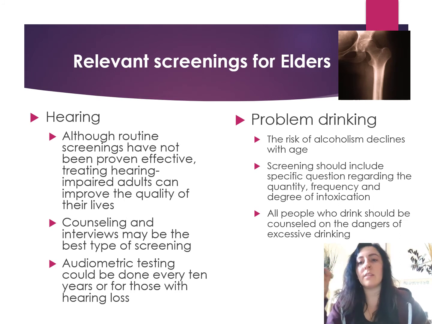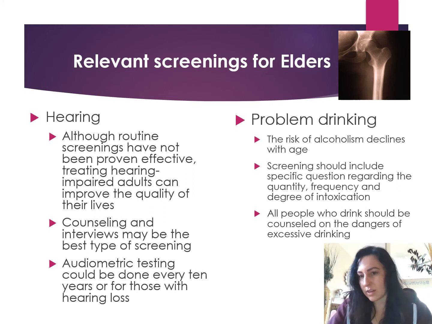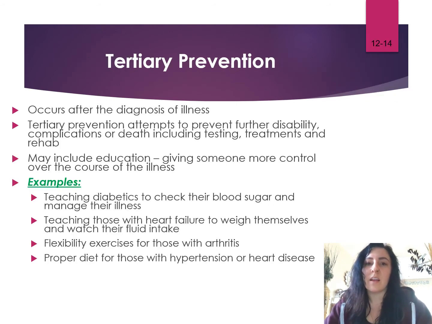The risk of alcoholism does decline with age. It has to do with maturity and whatnot. Screening should include specific questions regarding the quantity, the frequency, and the degree of intoxication. All people who drink should be counseled on the dangers of excessive drinking, of course.